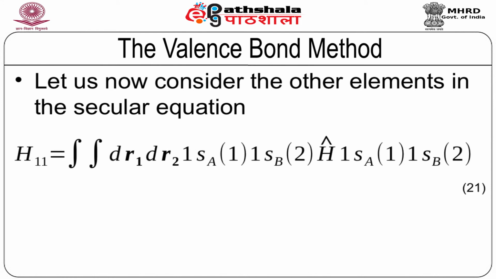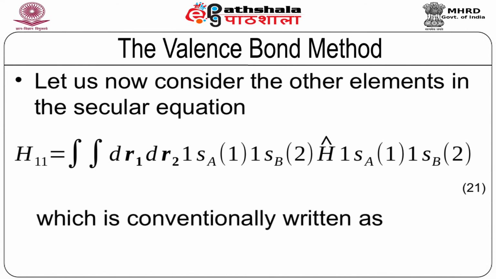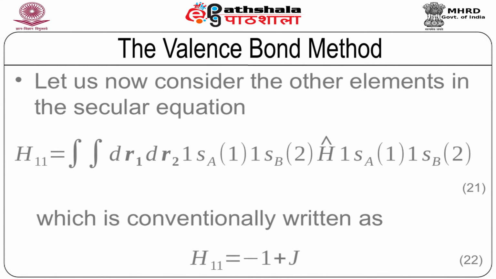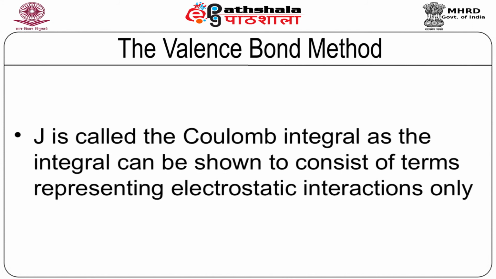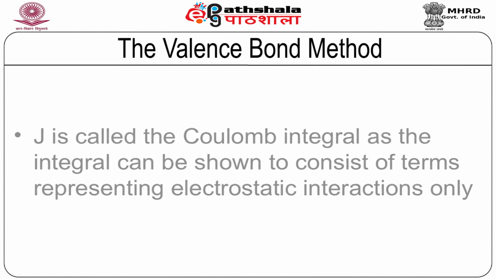Let us now consider the other elements in the secular equation. H11 equals integral dr1 dr2 1sa1 1sb2 h 1sa1 1sb2, which is conventionally written as H11 equals minus 1 plus J. J is called the Coulomb integral, as the integral can be shown to consist of terms representing electrostatic interactions only.